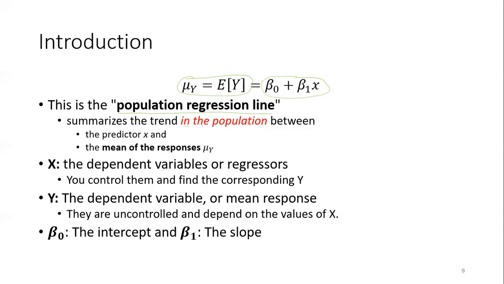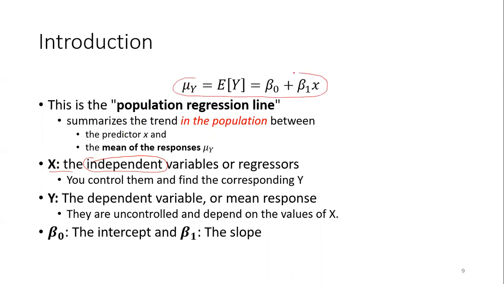It summarizes the trend in the population between the predictor x, or the independent variable x, and the mean of the responses mu y.